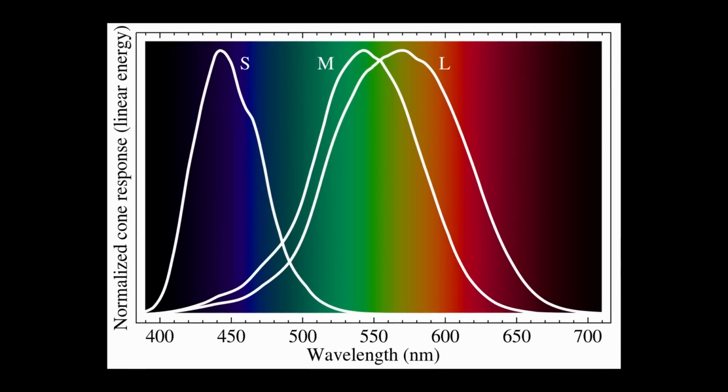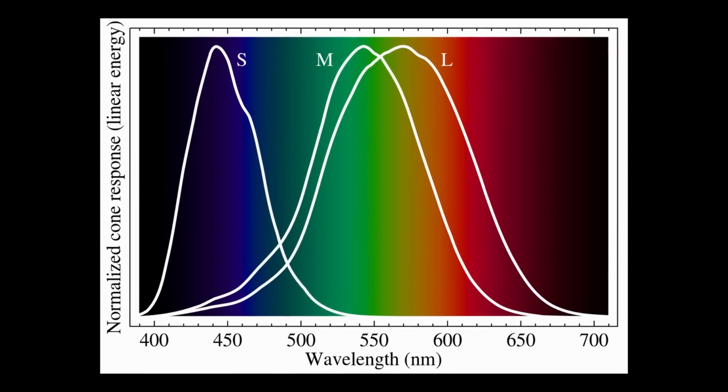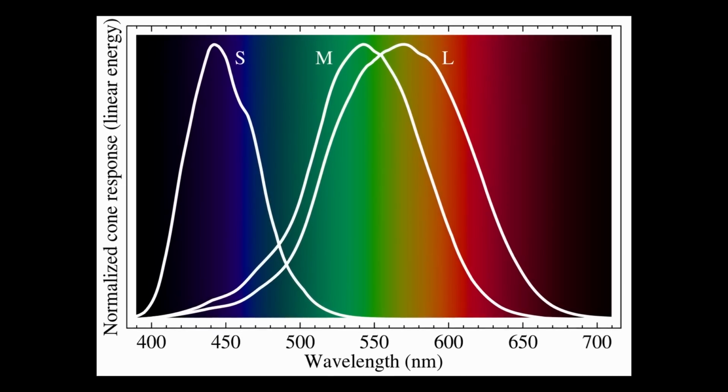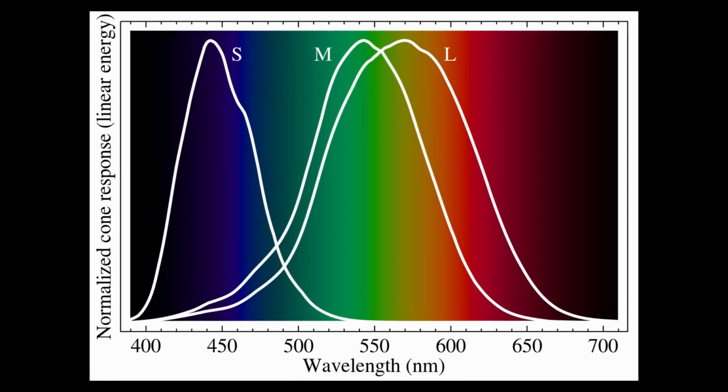These placements are important because the responsive areas of each cone overlap to varying degrees, meaning that there are multiple ways of producing the same color cognition from different combinations of light spectra, like how yellow light can be replaced with a combination of red and green light, because how we detect yellow light is through red and green cones. Our brain sees it as the same. This brings us into a strange conversation about primary colors.